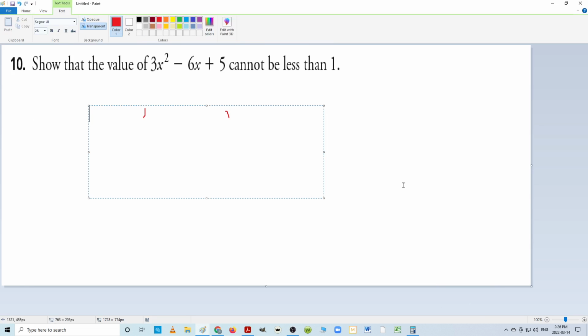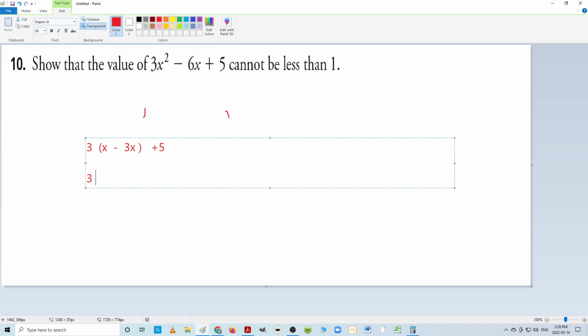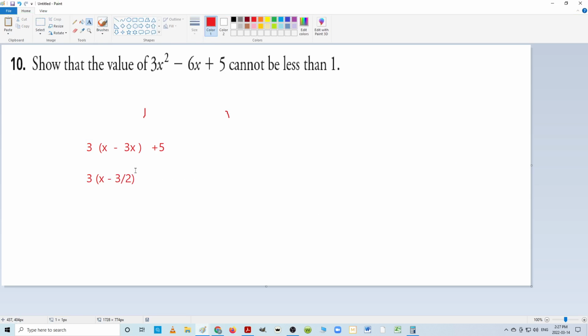We're going to factor out 3, and we're left with x squared minus 3x plus 5. This time I'm going to do the completing the square a little faster. I know that what I have to go for here is x minus 3.5 squared. Right away, instead of figuring out, oh, I'm going to have to subtract the 9 over 4, which is true, which by the way is 2.25.